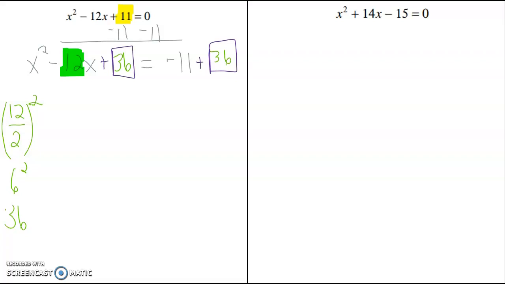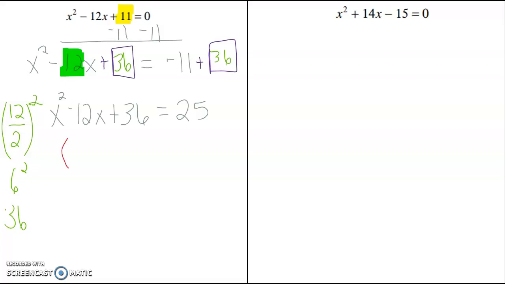The next step, we're just going to simplify. So that left-hand side, we're just going to rewrite that. X squared minus 12x plus 36 equals, and then negative 11 plus 36 is 25. But remember, we're completing the square, so I need to write that left-hand side as something squared.